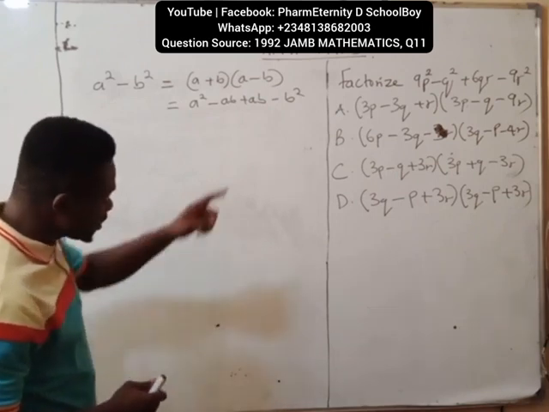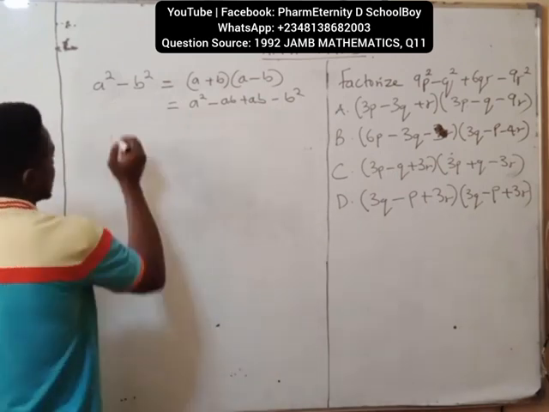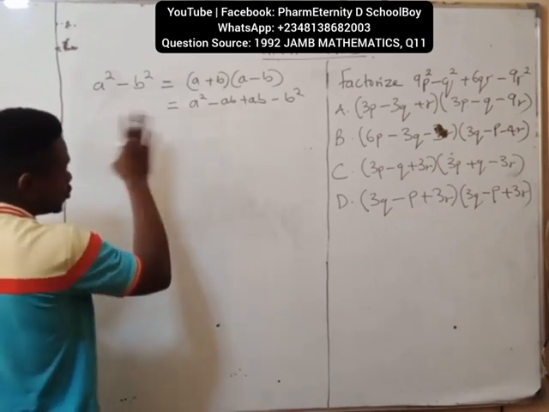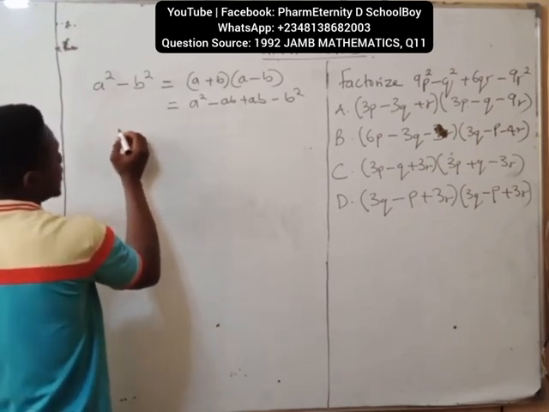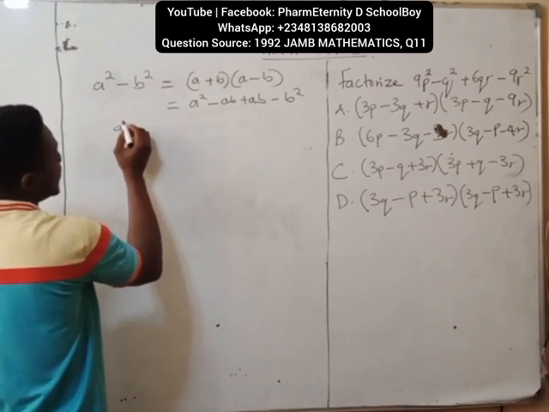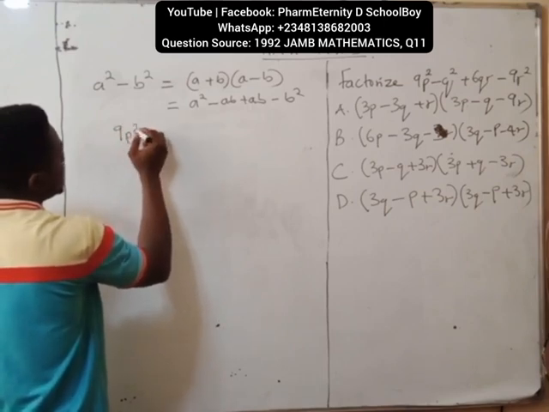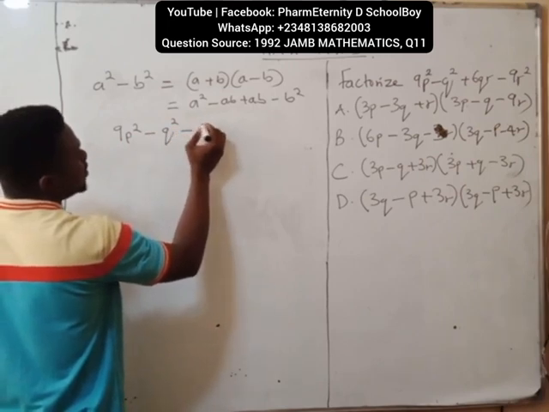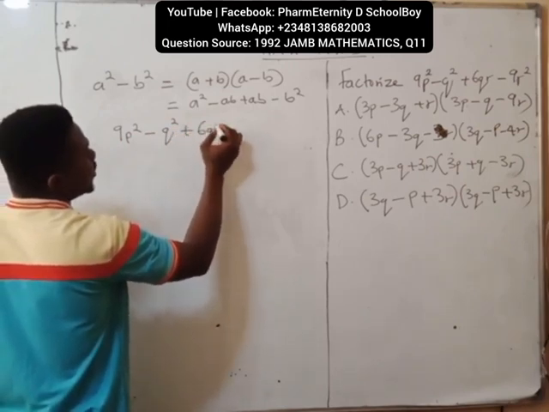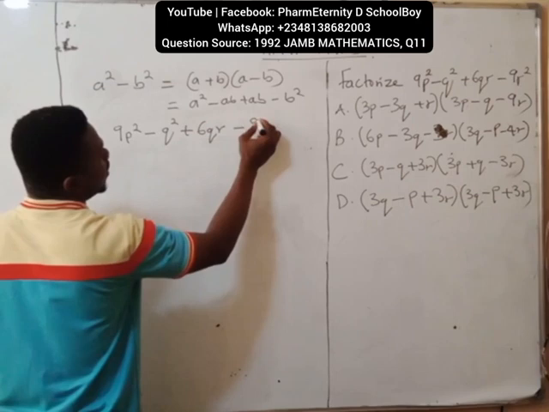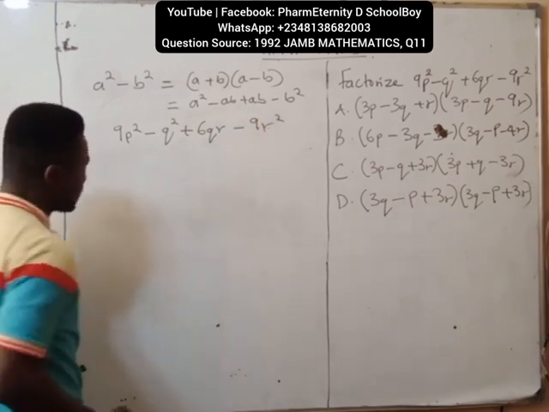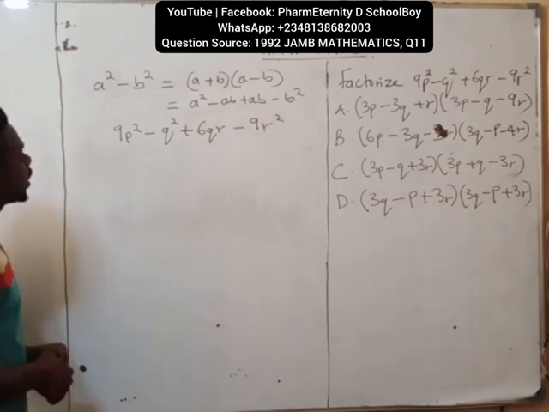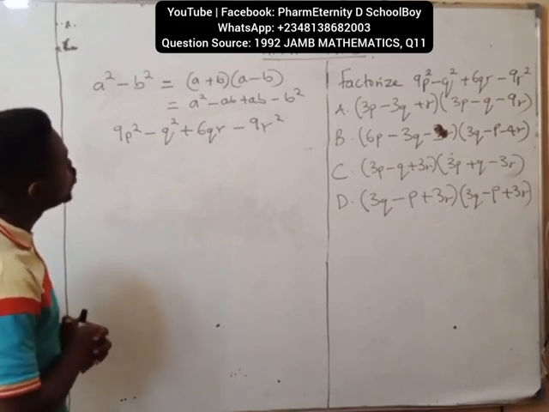Now, let's break down this expression and see whether we can do something with this. We have 9p squared minus q squared plus 6qr minus 9r squared. Okay, now what we'll do is this.